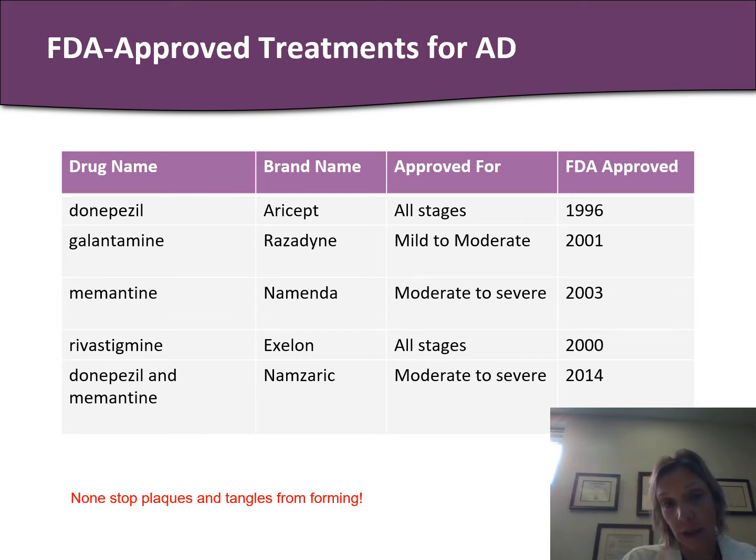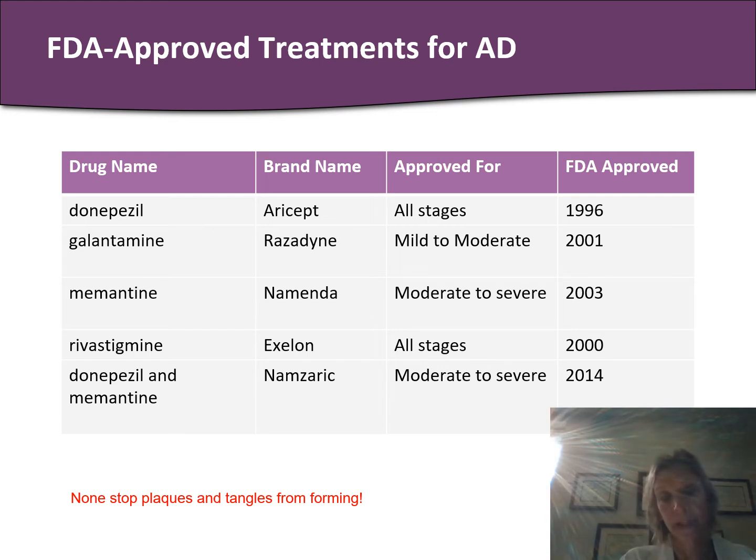Acetylcholine is important for memory functioning. The other classification, the memantine, essentially blocks glutamate from getting into the cell, which causes havoc in the cell when glutamate enters the cell.